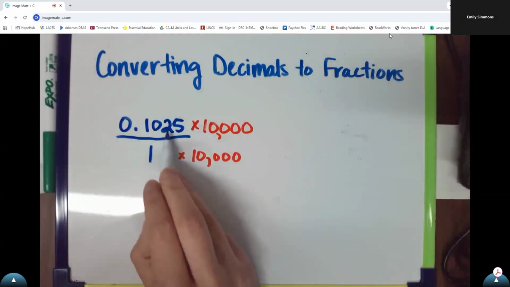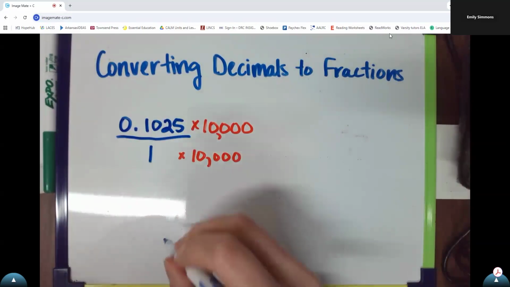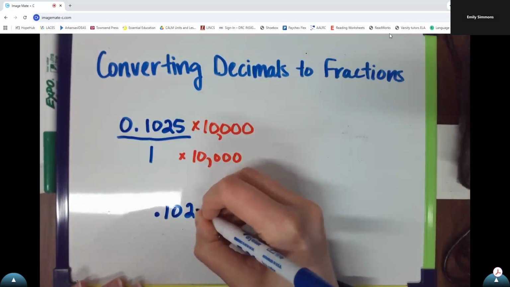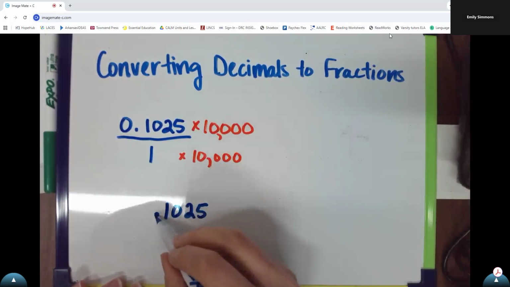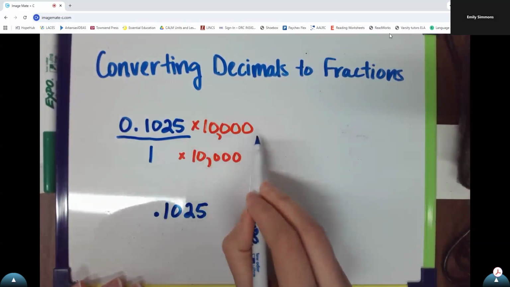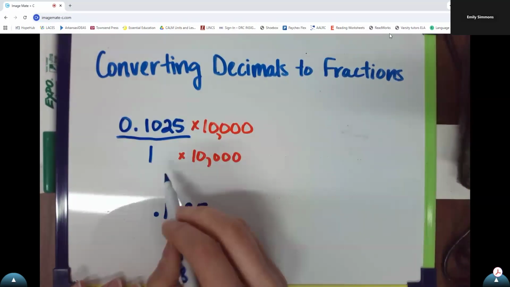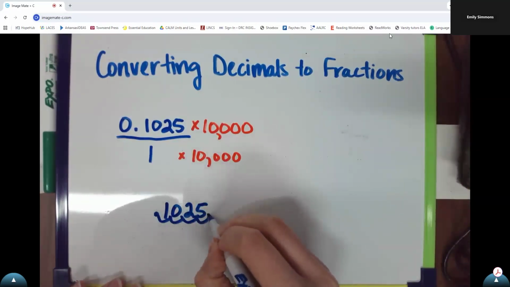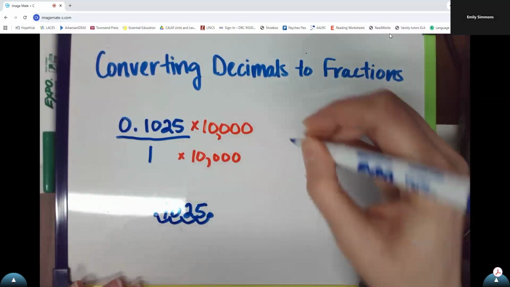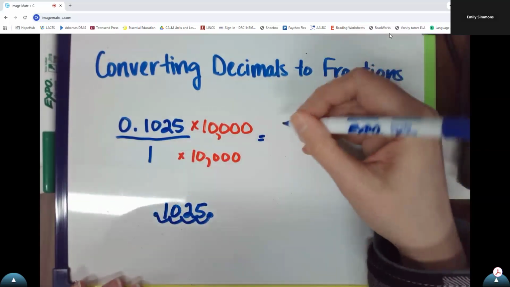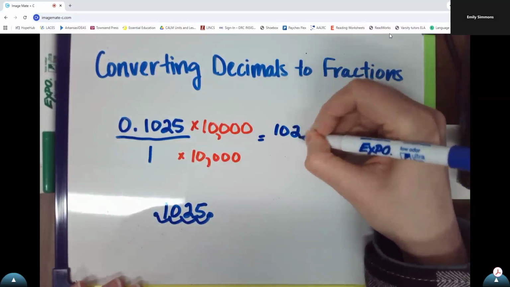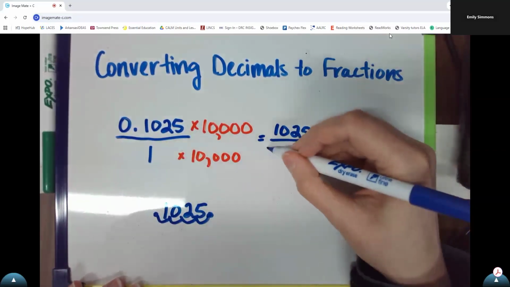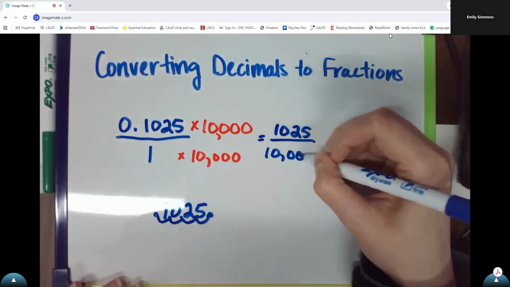0.1025 times 10,000. If I wanted to show my work for this, I would move over 4 spaces because I have 4 zeros here. So 1, 2, 3, 4. So that turns into 1,025. And then my 1 times 10,000 is just 10,000.